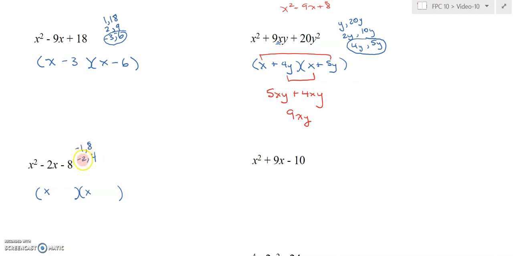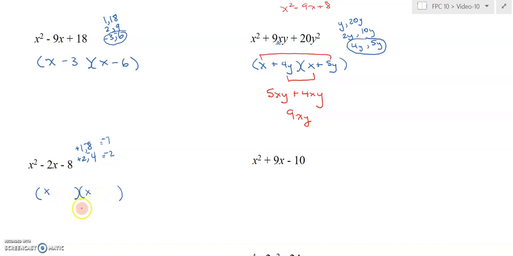You can see if I make the smaller number negative, when I add them together, I would get a positive, wouldn't I? But I know they're adding to give a negative. So I'm not going to make the smaller number negative. I'm going to make the bigger number negative. By making the bigger number negative, I know that when I add them, I get a negative. Which one of those adds to negative 2?